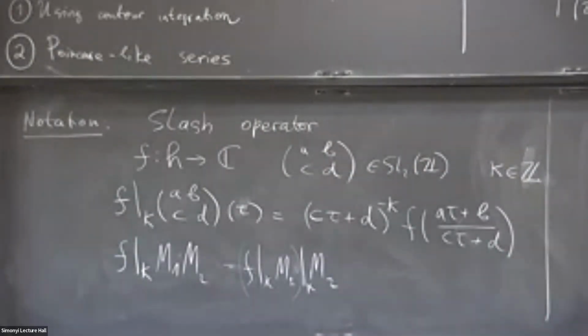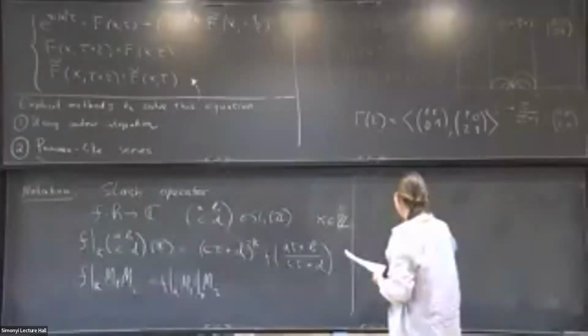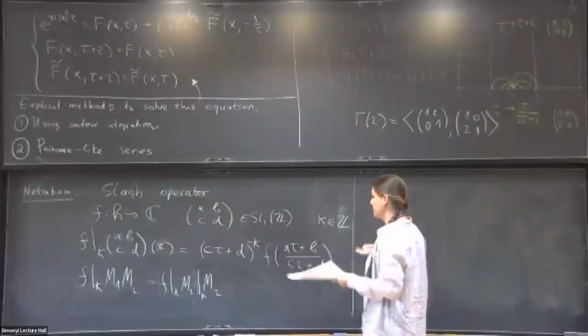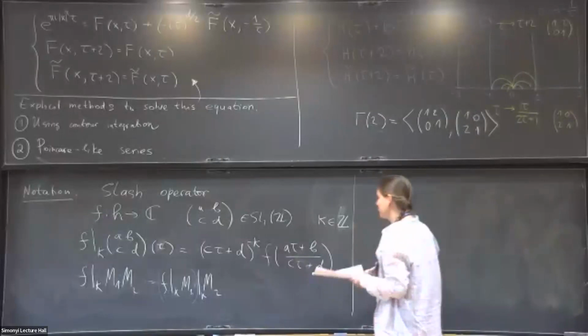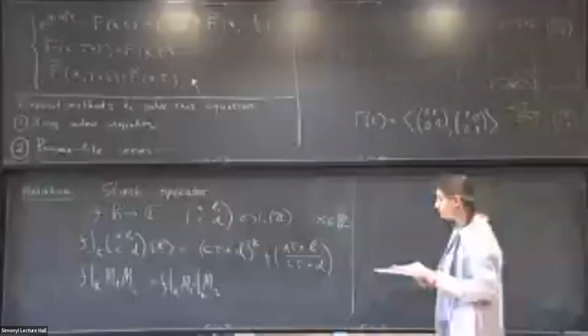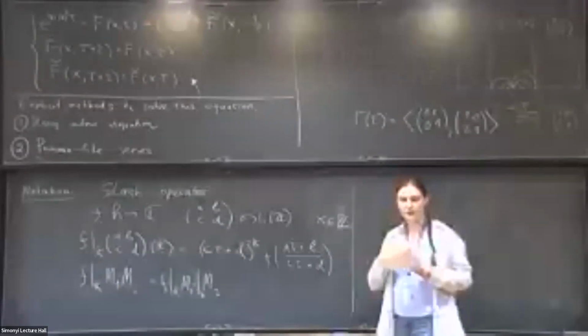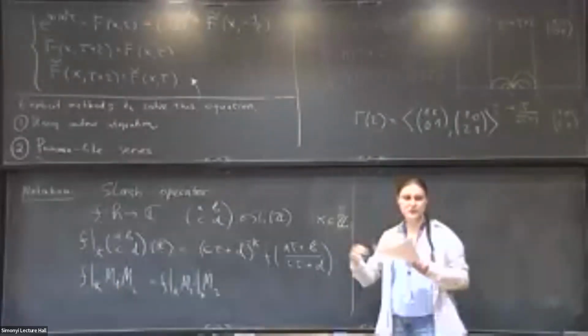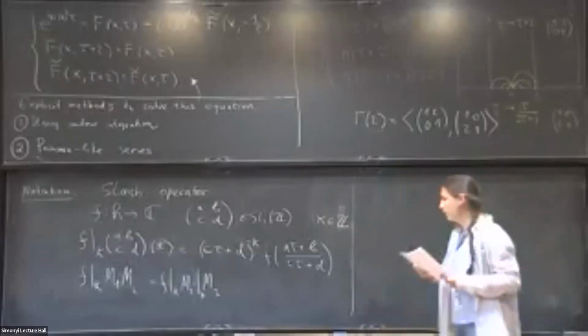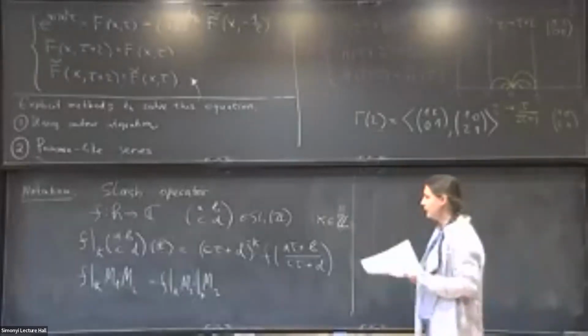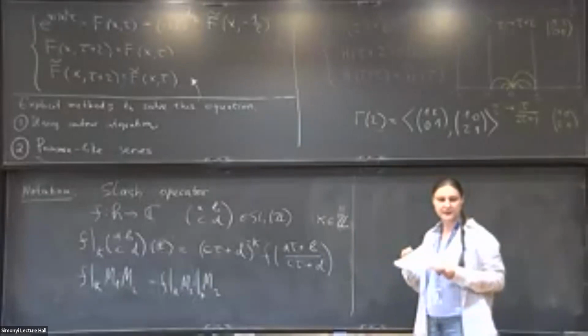Now the usual Poincaré series are defined in the following way. We want to construct a function which is invariant under the action of a group. It's natural to consider averaging over the group, and as our group is infinite, many things can go wrong, of course.